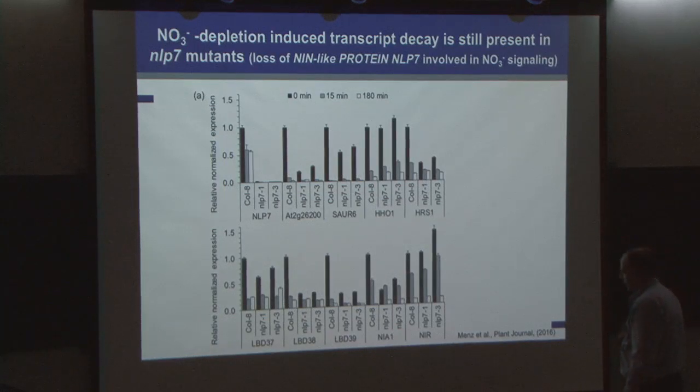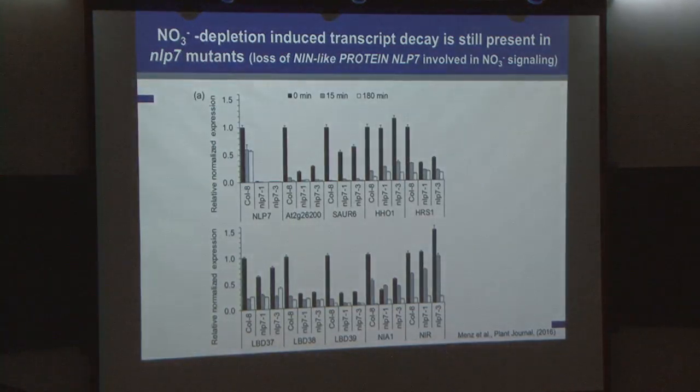There was already recently one crucial transcription factor identified, and it was called NLP7. And this transcription factor was suggested to be the regulator of the nitrate response. And we had a look at our data, and unfortunately it was not much transcriptionally regulated, this NLP7 gene.